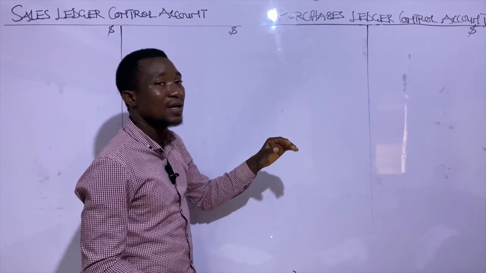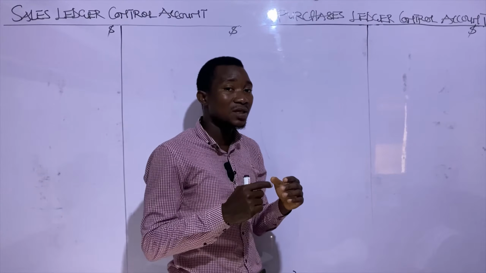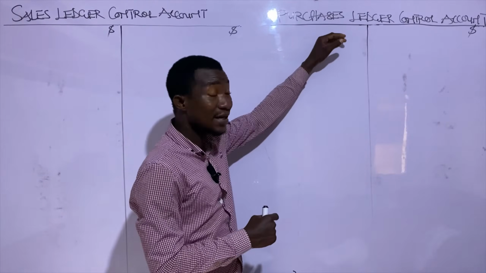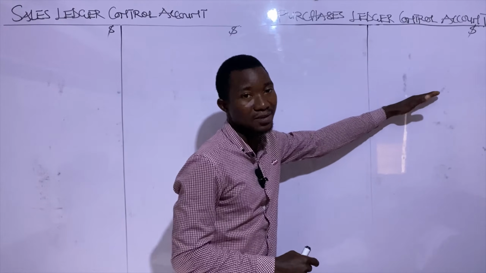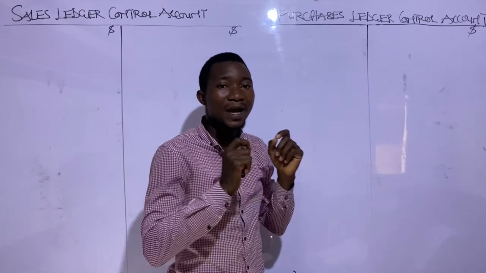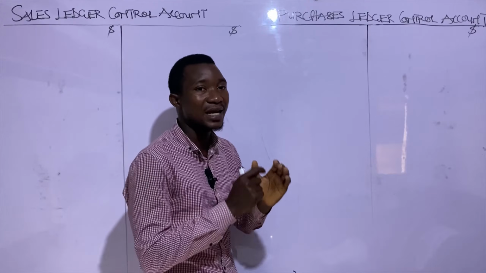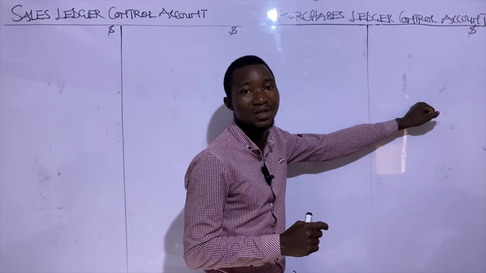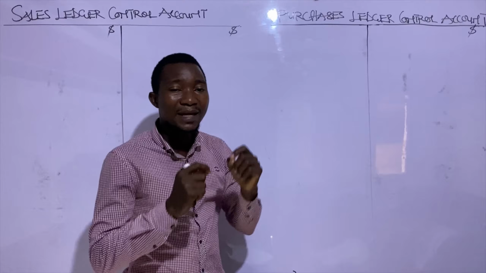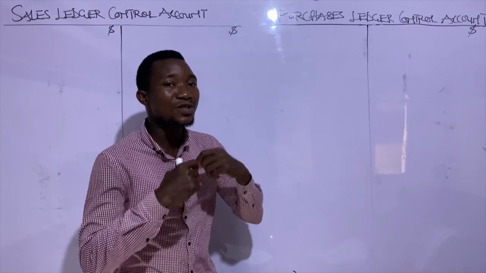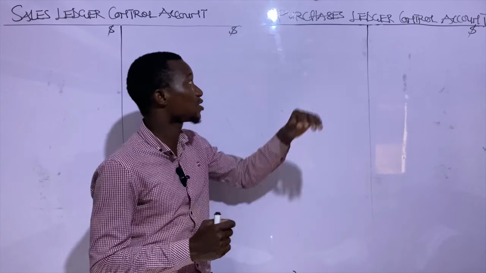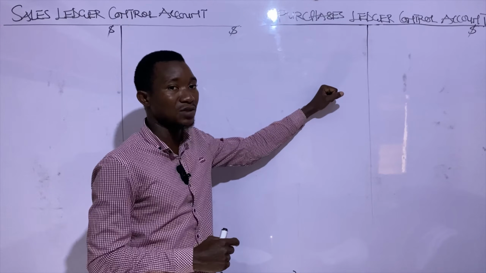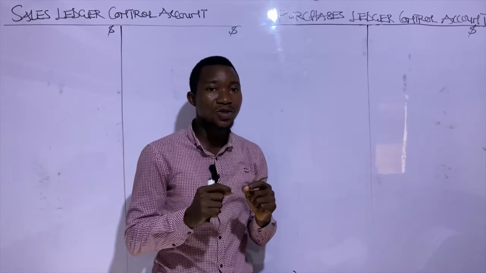The same way, you have to understand that creditors have a natural credit balance. So any item that will increase the creditors balance should be credited to this account. And any item that we intend to reduce the creditors balance should be debited to the purchases ledger account. These are the clues I want you to take note of.